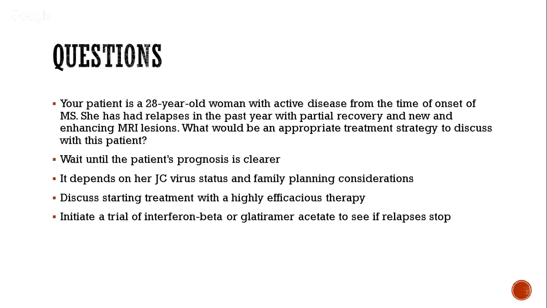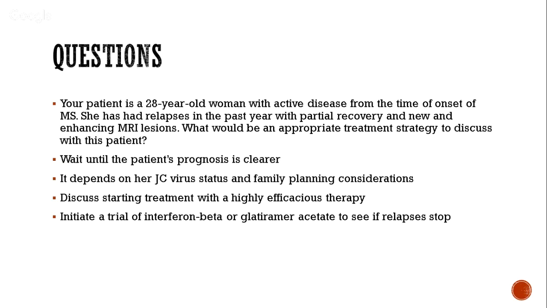If not, I'll change. Your patient is a 28-year-old woman with active disease at the time of onset of MS. She's had relapses in the past year with partial recovery and new enhancing MRI lesions. What would be an appropriate treatment strategy to discuss with this patient? Wait until the patient's prognosis is clear.